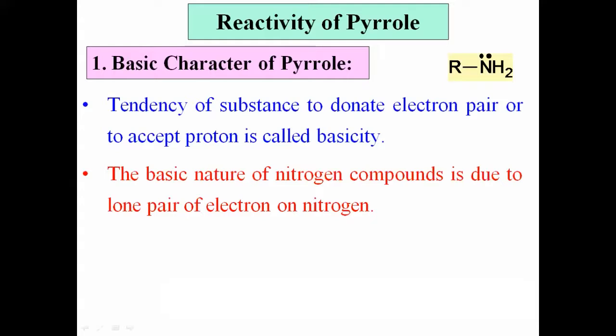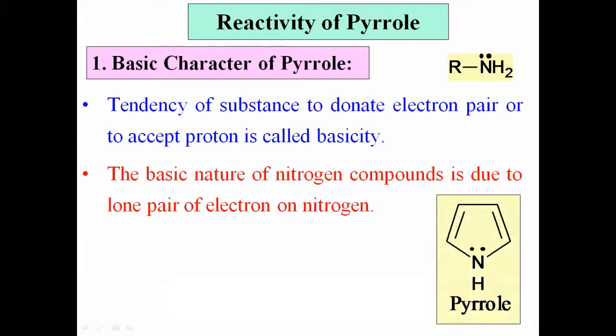Primary amine, ammonia, secondary amine, tertiary amine are basic in nature because they have a lone pair of electrons on nitrogen, which can be donated to another compound. This is regarding common nitrogen-containing compounds.